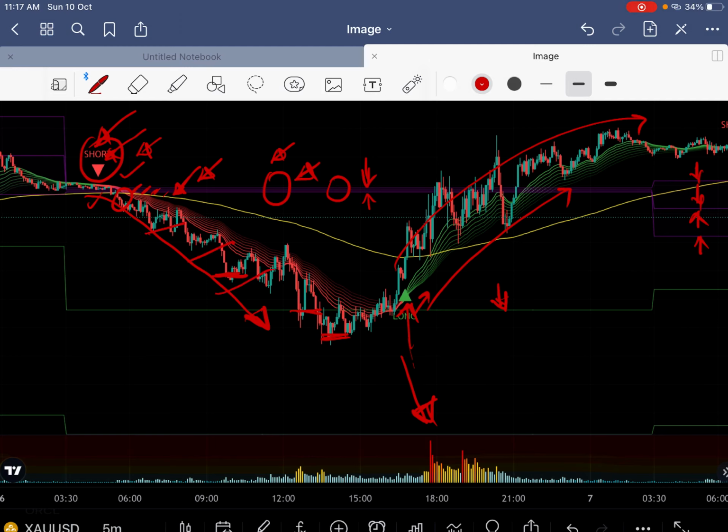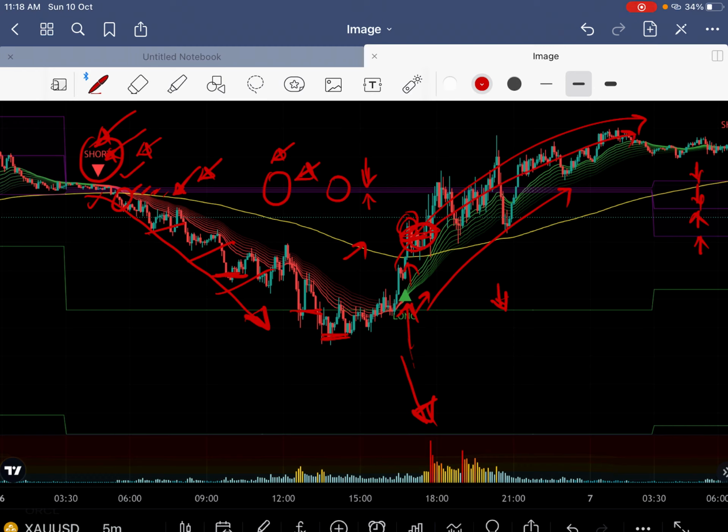Also, for a long entry you have to wait for the breakout or crossover of the longer period moving average. So you can take entry here at this position and hold it up to this position.